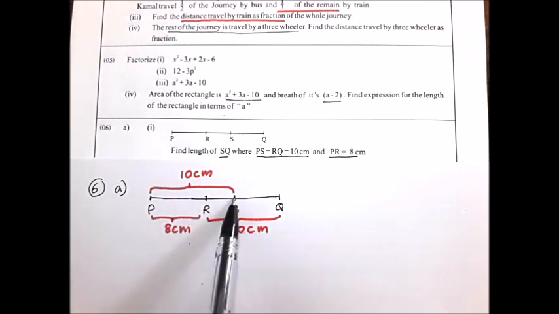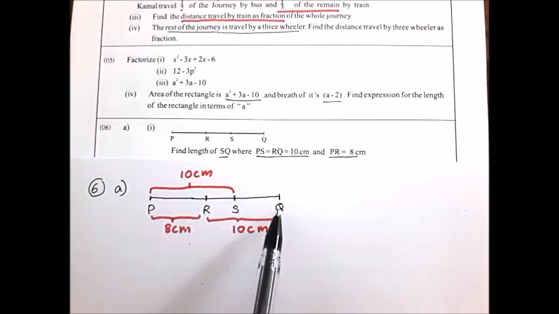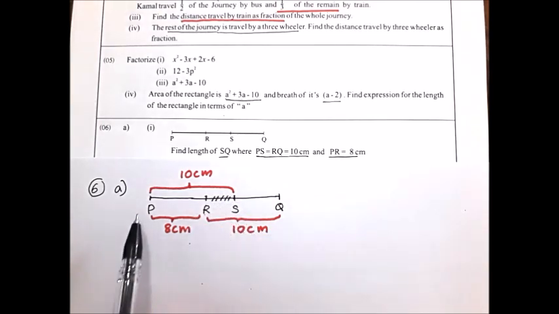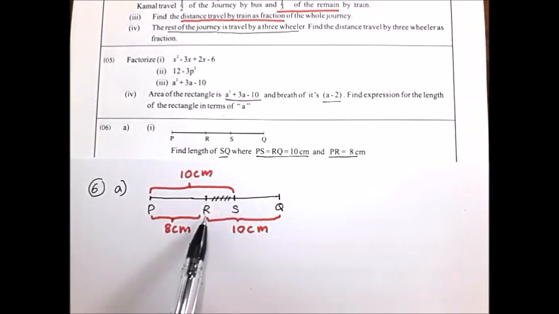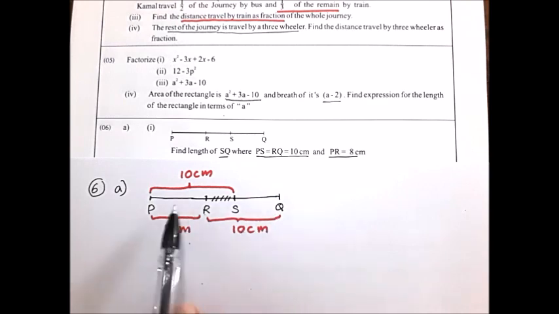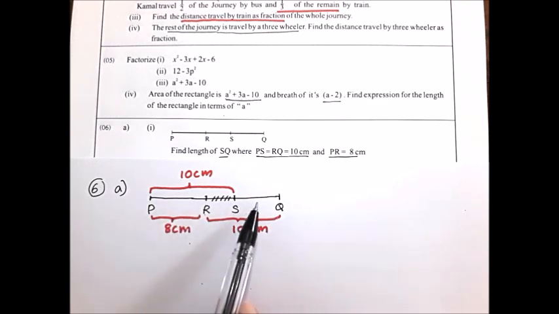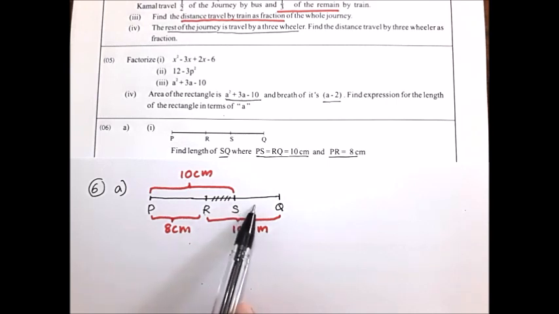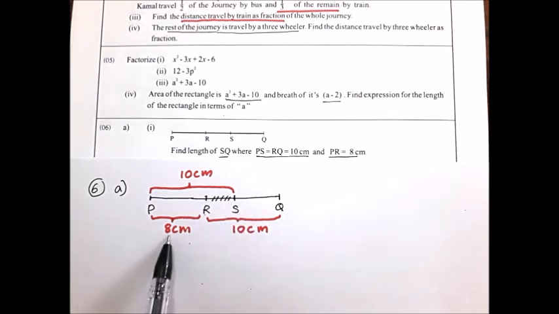PS equals RQ. This RS region is common to both PS and RQ. You can subtract RS from PS and RQ. It remains PR and SQ. If PR and SQ are equal, the length of SQ is 8 centimeter.